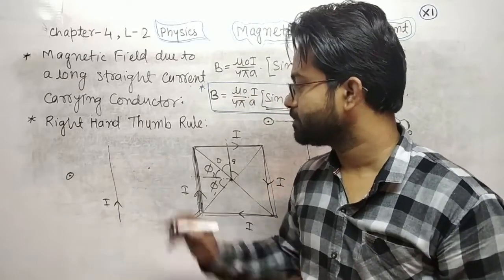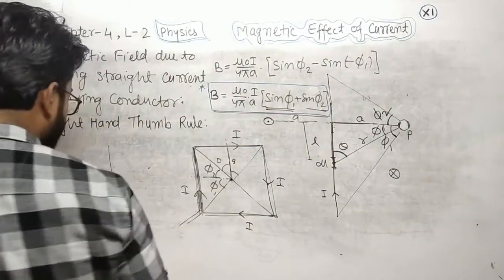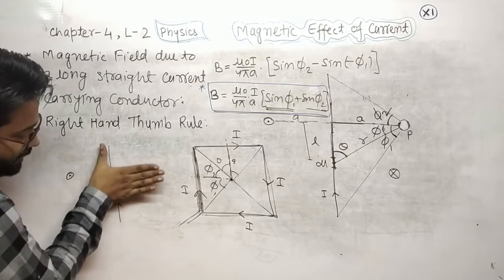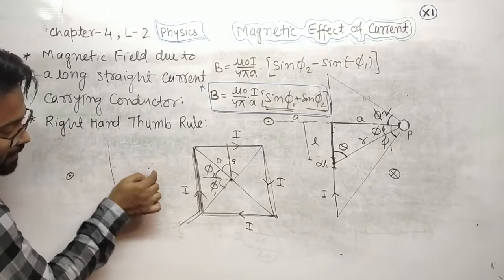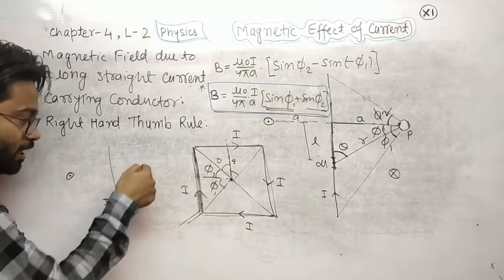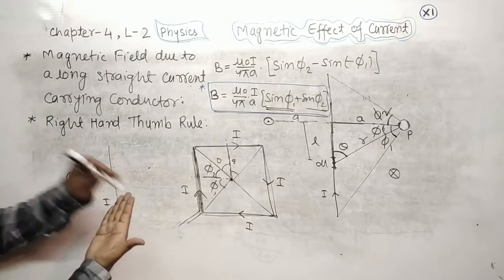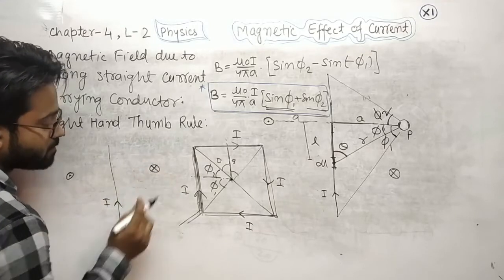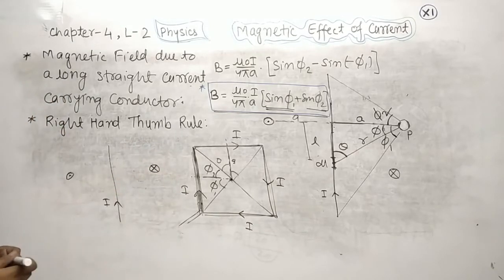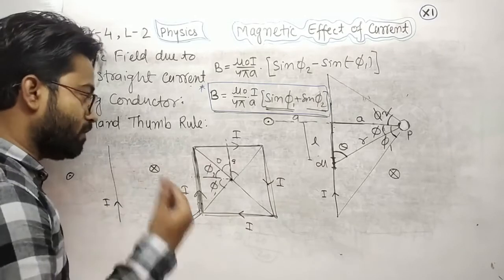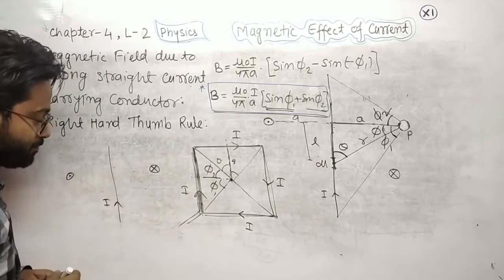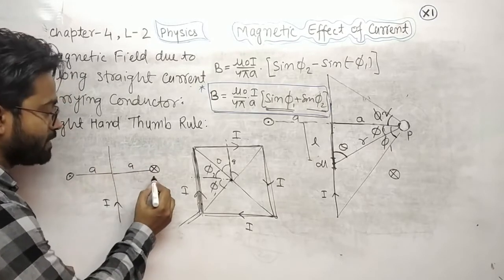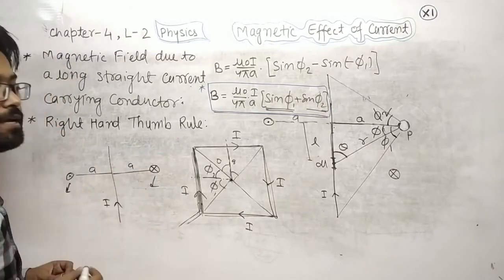At that point, current is upward and we need to calculate the magnetic field at that point. This is into the plane because it is perpendicular to this palm. That will be a cross, because the cross sign shows the direction of magnetic field going into the plane. These two directions are opposite but the amount of magnetic field will be the same.